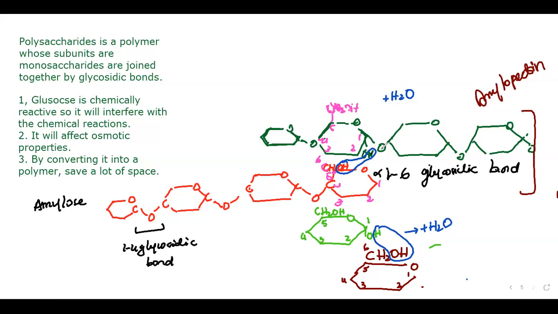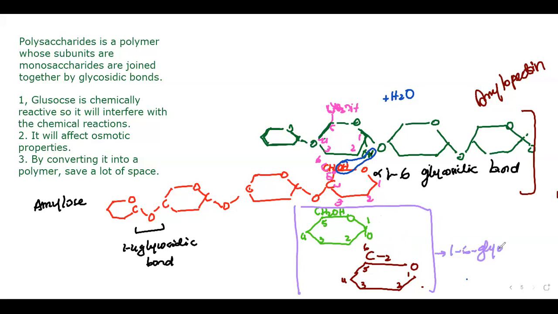That bond is going to be known as alpha 1,6 glycosidic bond. This is what it will look like. Okay, so alpha 1,6 glycosidic bond allows us to make a branched chain structure, and that structure is going to be known as my amylopectin.